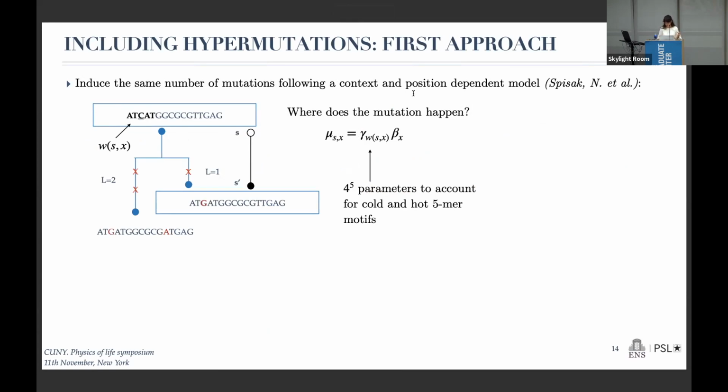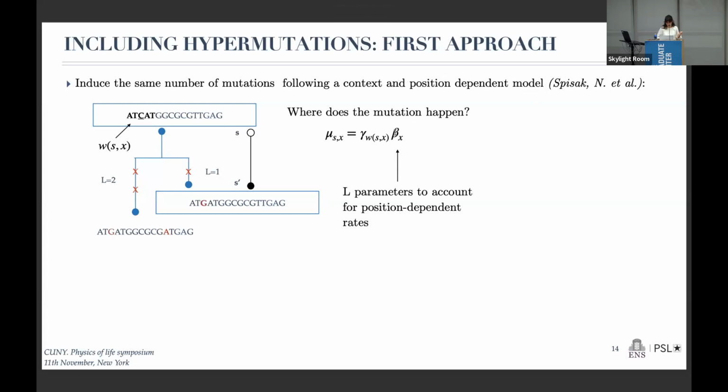Then we have another parameter that accounts for the position, because there are hot spots and cold spots, and mutations are not equally distributed along the sequence. And then I added a 3rd parameter that depends on the length of the distribution.